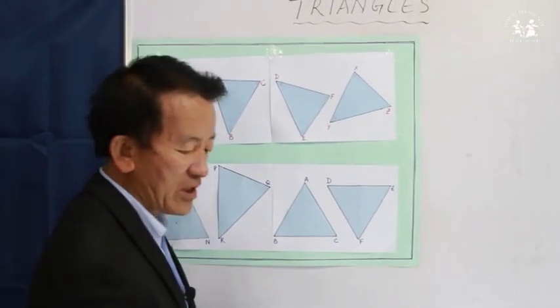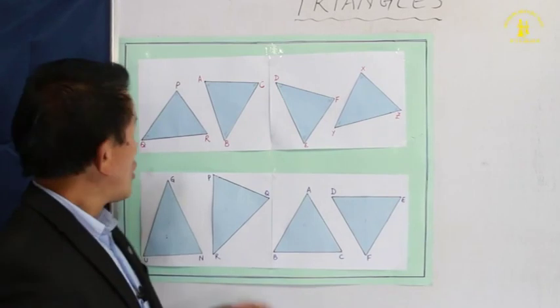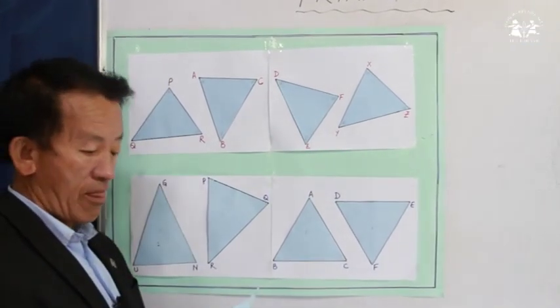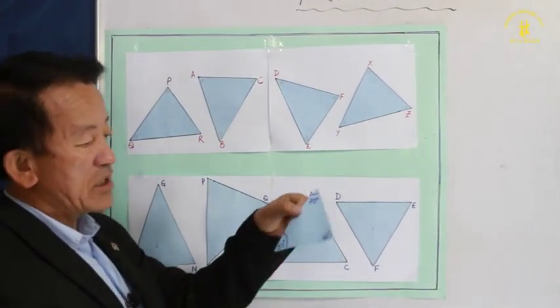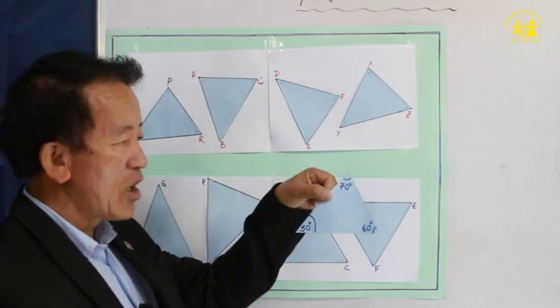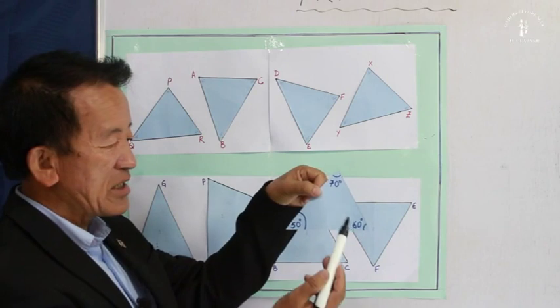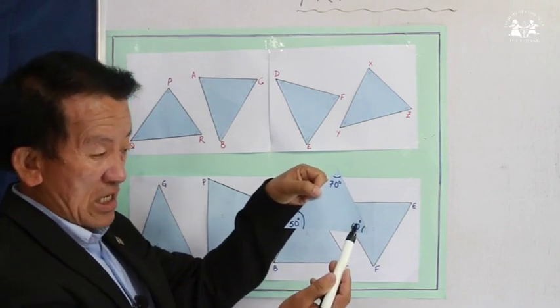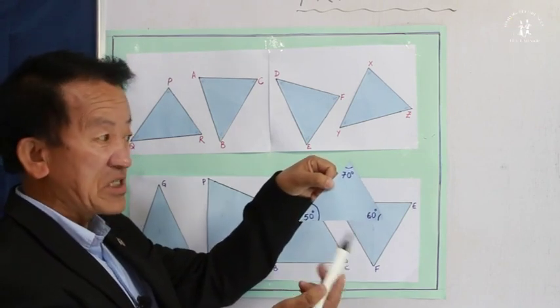Now I have a cutout of this triangle. In this triangle, I've written the measures. The measures are, one angle is 70 degrees, then another one 60 degrees, third one is 50 degrees. Let's check.